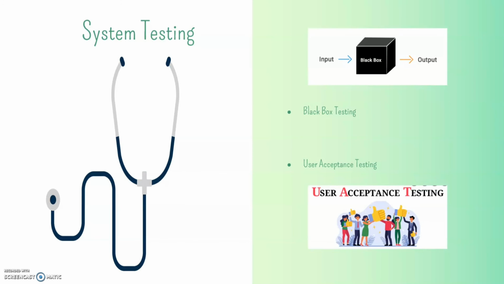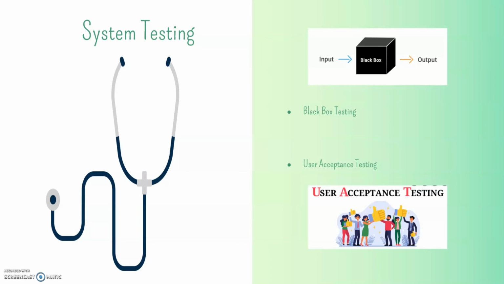So for the system testing, as you can see on the right side of the screen, we test our system with two types of testing. One is black box testing, and another one is user acceptance testing. Black box testing is a way which ignores the inner mechanisms of the system and focuses on the output created from any system's input implementation.